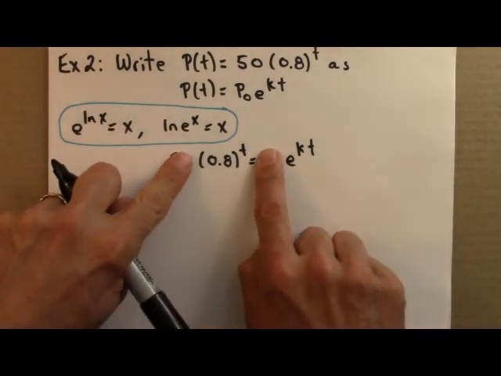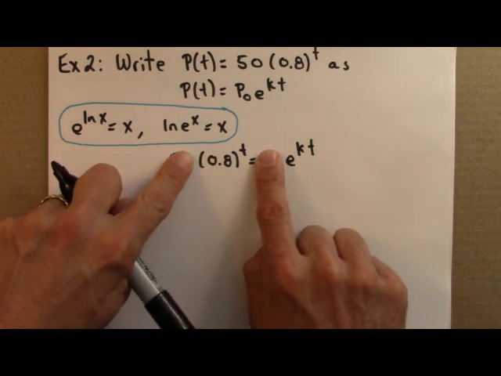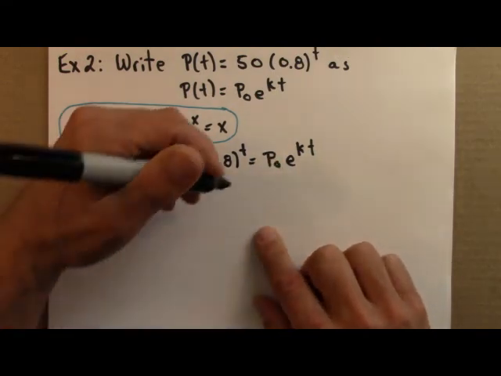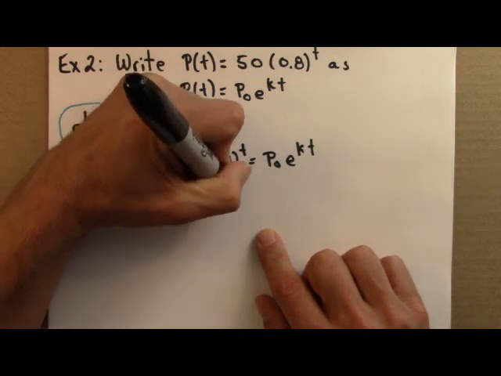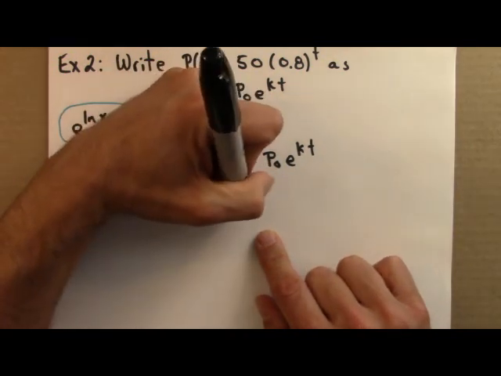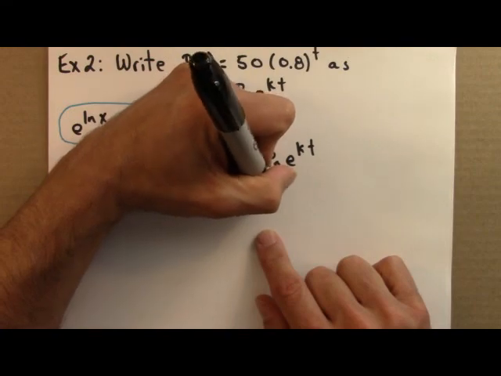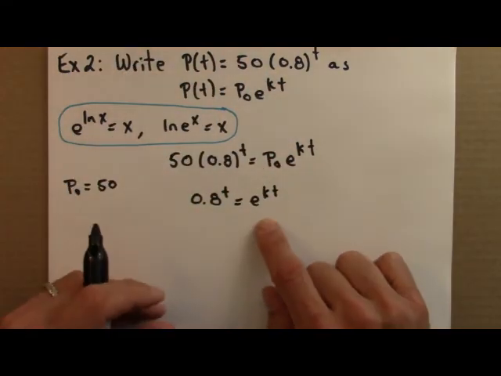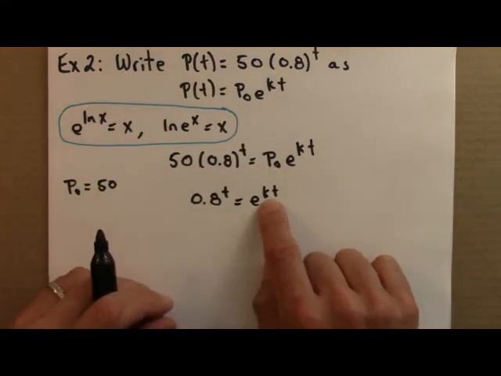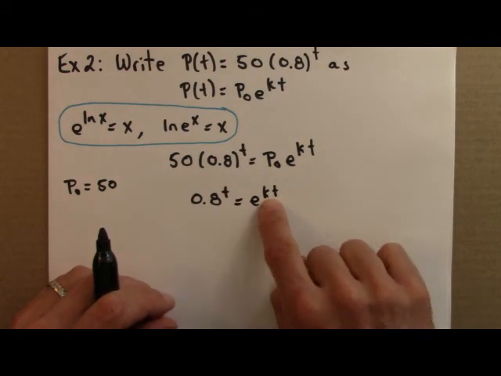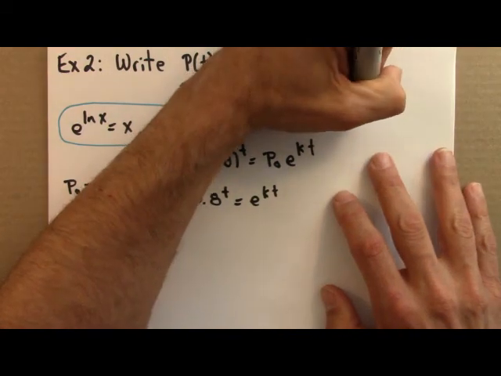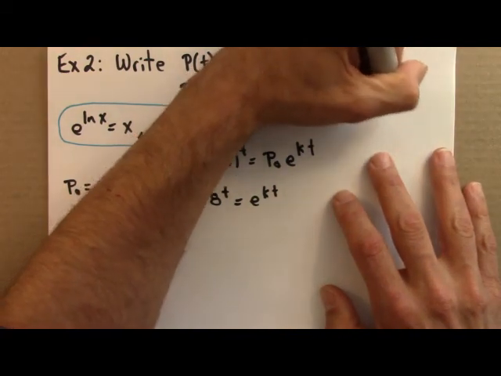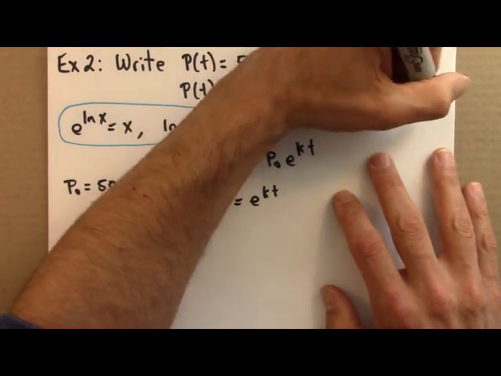And then let's think about this part of the equation. So we need 0.8 to the t to equal e to the kt. But remember, when we have exponents multiplied together, that really kind of means that they're double exponents, right? 10 to the a to the b is 10 to the ab.